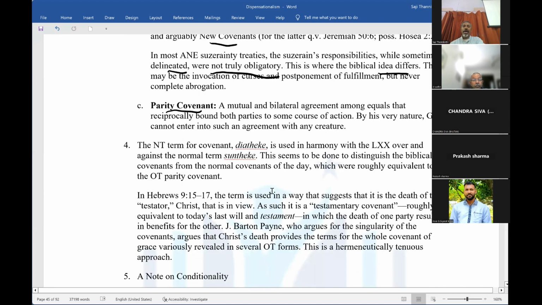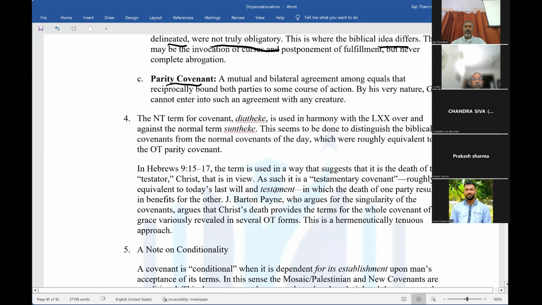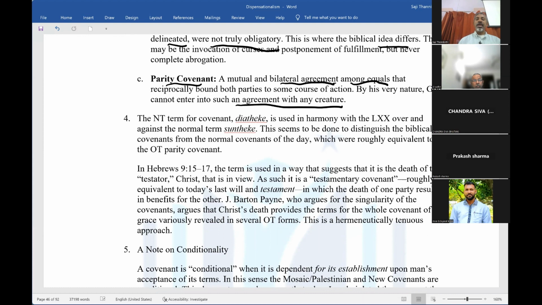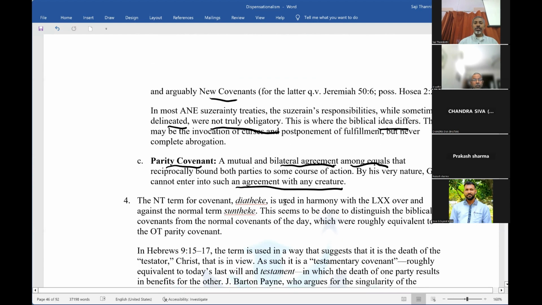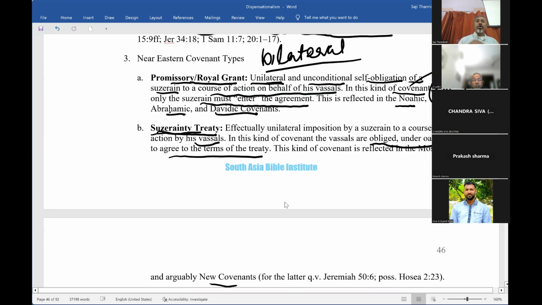The third one, a parity covenant. What is a parity covenant? It is a mutual and bilateral agreement among equals that reciprocally bound both parties to some course of action. By its very nature, God cannot enter into such a covenant agreement with any creature. God has never made any parity covenant, but most of God's covenants were promissory royal grant covenants.